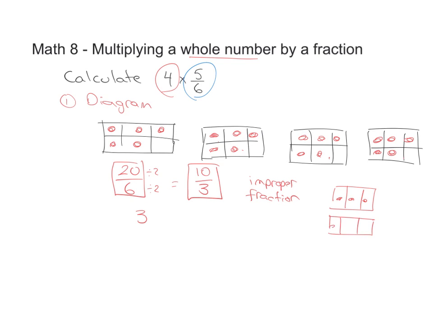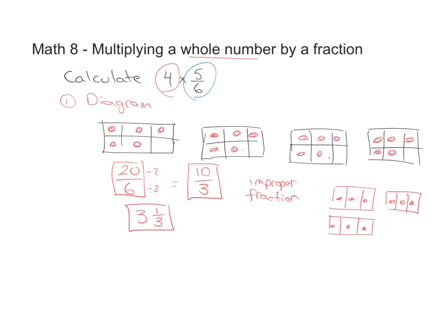If you've got 6, that would make 2 wholes. And 9 would make 3 wholes. And then we've got 1 extra. So it would be 3 and then 1/3. I would say writing it in the end as a mixed fraction is probably the best way to answer this question. So that's the first way.